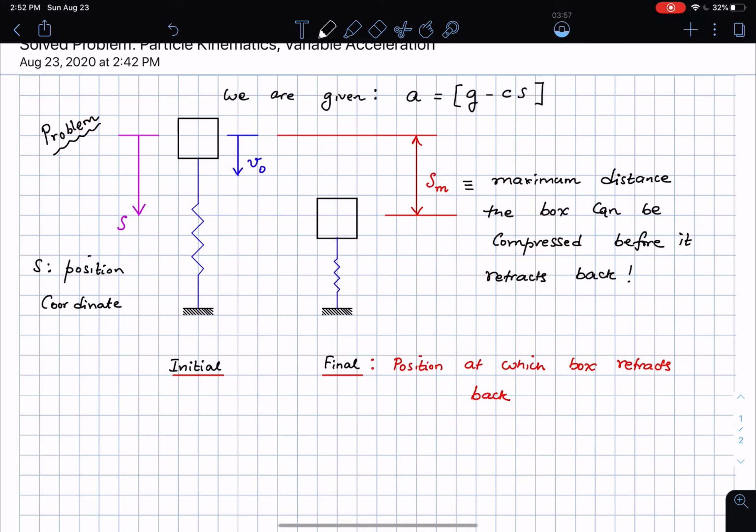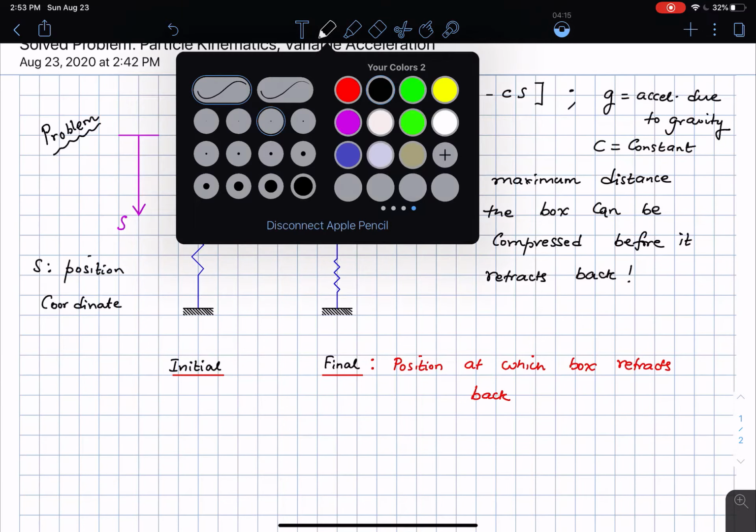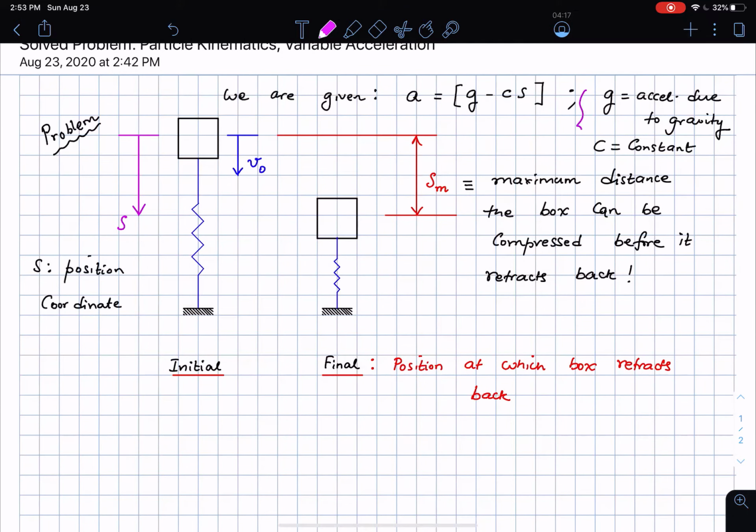In this case g is acceleration due to gravity, and c is some constant. Some constant which we are not necessarily told anything about, but perhaps we might have to find it or do something of that sort. So I'm getting ahead of myself here.